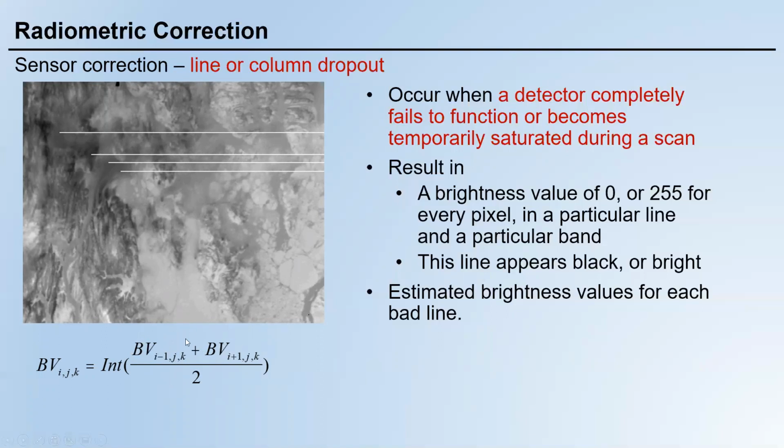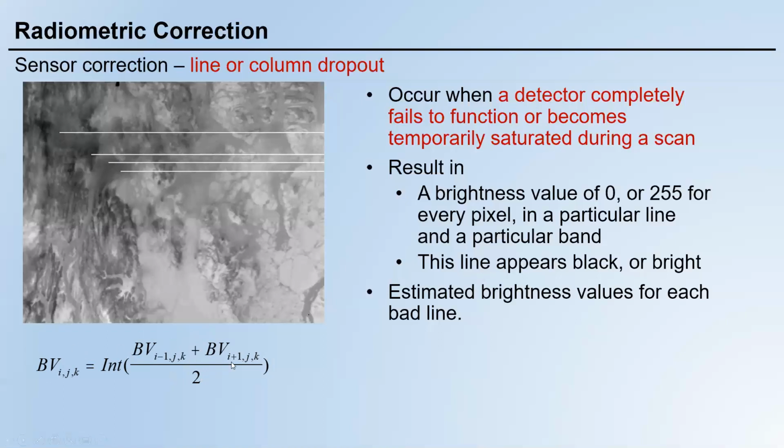We add their values up and divide that result by 2, which means that after this correction, each pixel along these lines has an average value of its 2 neighbors, one above it, one below it.